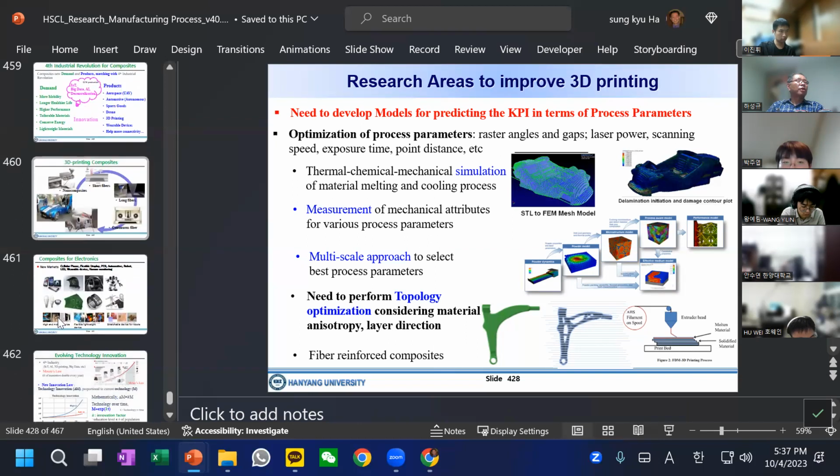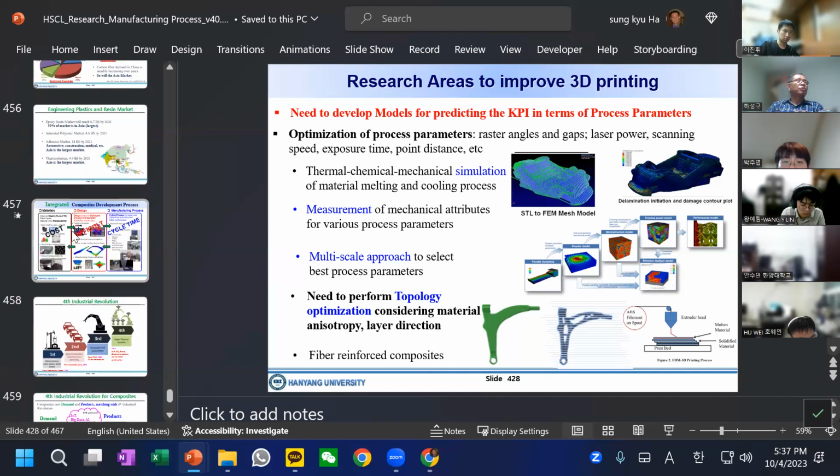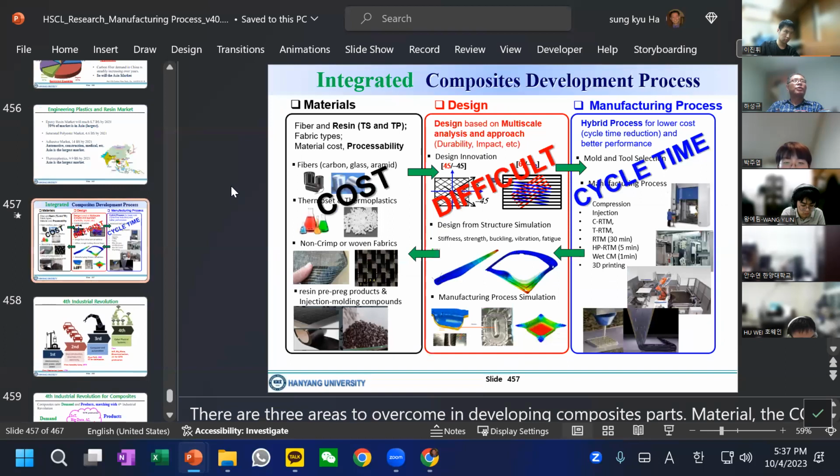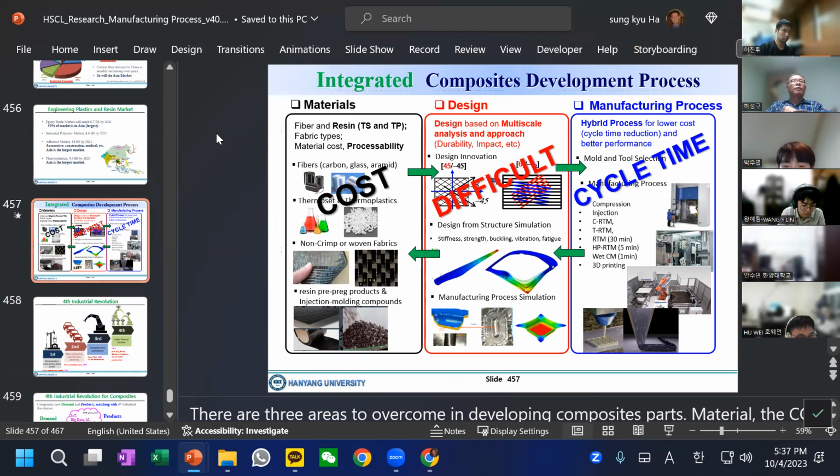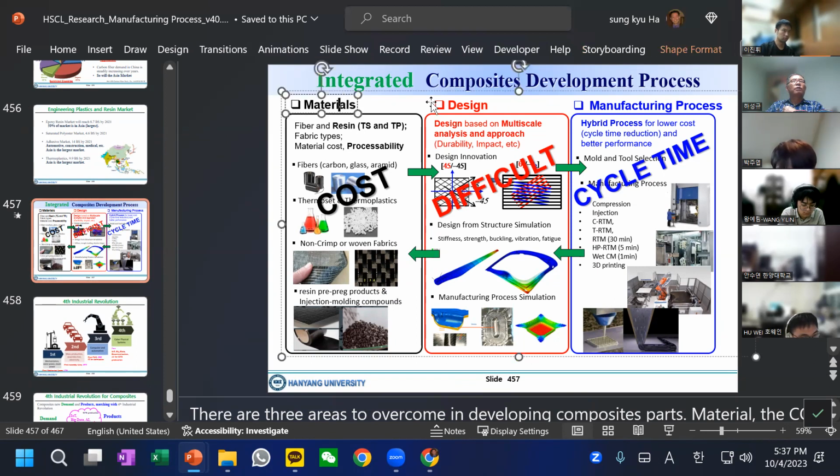Well, the one I'm trying to find is very similar to this slide. We already went through this one, but again, the point I'd like to emphasize: we need to understand materials. Now you can better understand what I meant by material, design and manufacturing.